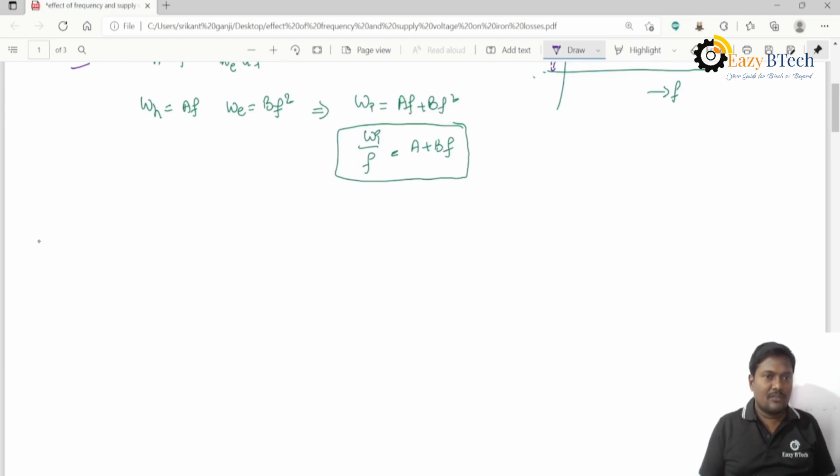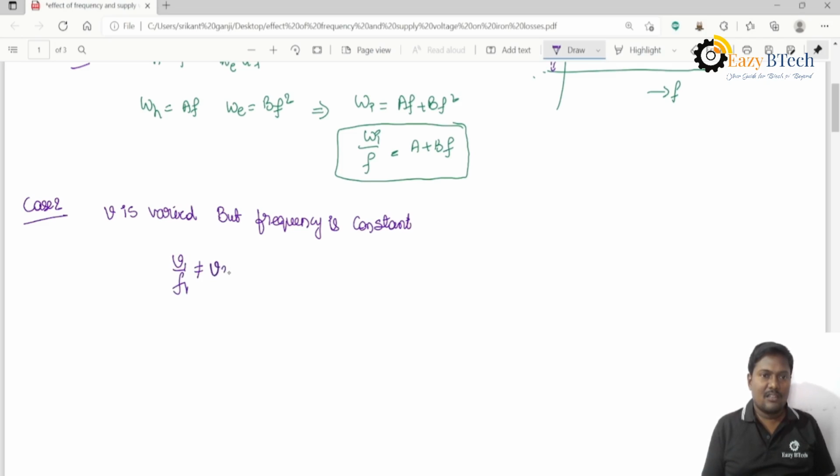In case 2, voltage is varied but frequency is constant. What will happen? If voltage is varied and frequency is constant, the V by f ratio is not equal before and after the voltage is varied.